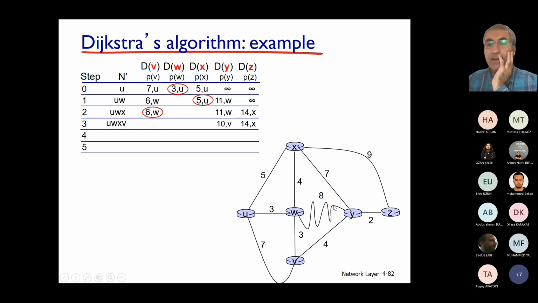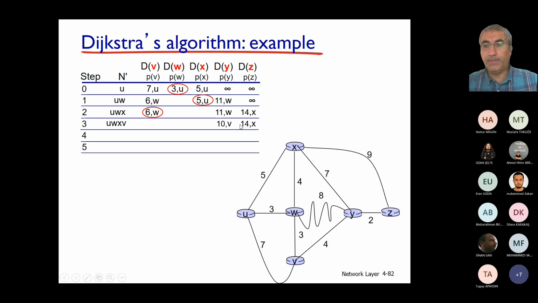So far it was 11, because we added the v to the path. Now the y is adjacent to the v, right? That's why we have a new path, which is 3 plus 3, 6 plus 4 is 10, and it's less than the current value 11. That's why we update. And the predecessor value in this case is v to reach y.